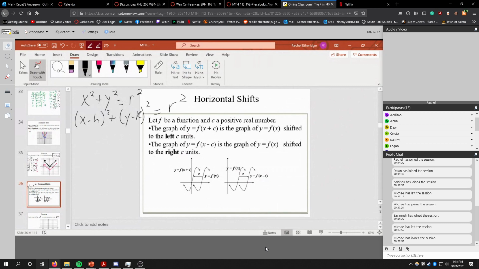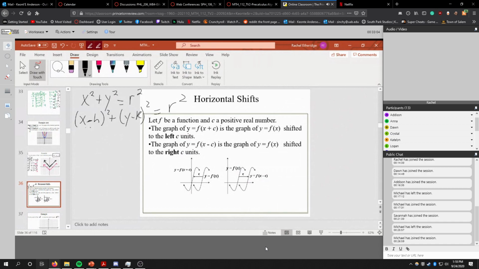A circle with center 0, 0 looked like this. And a circle with a different center meant that you take that 0, 0 center and shift it h, k. But it was always in the opposite direction of that sign. So if this was x minus h, then we shifted to the right.